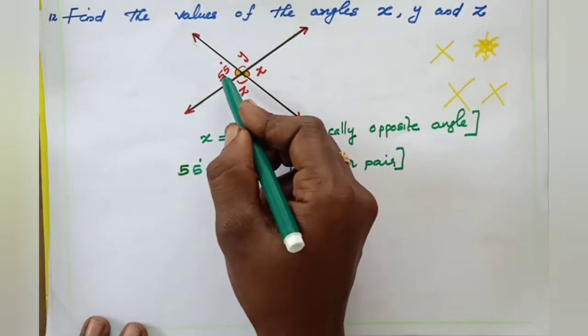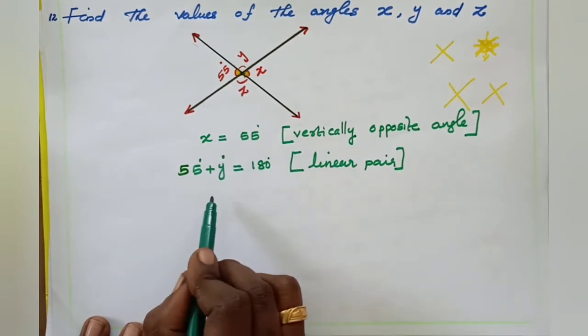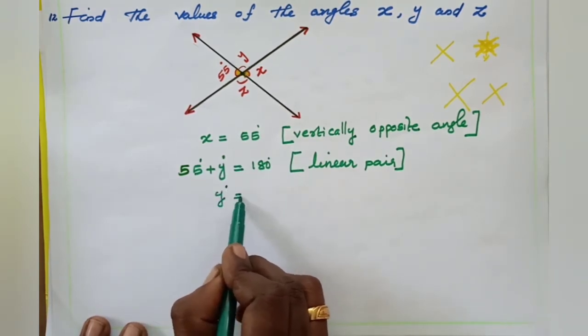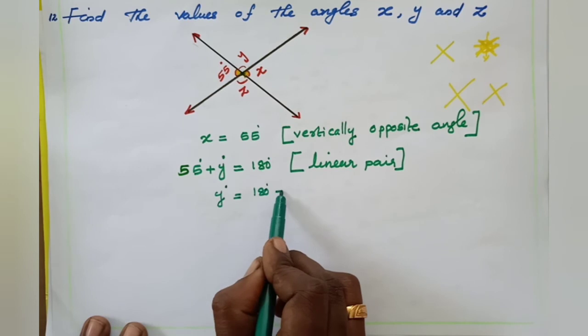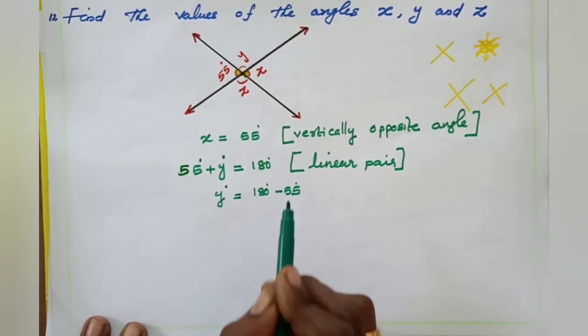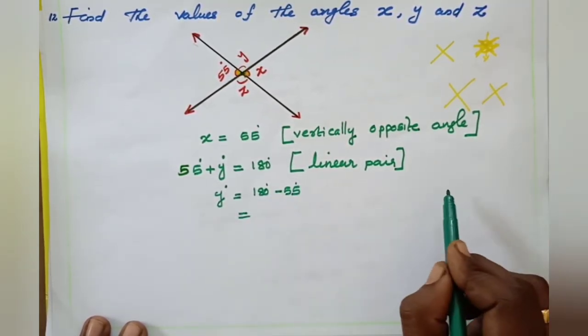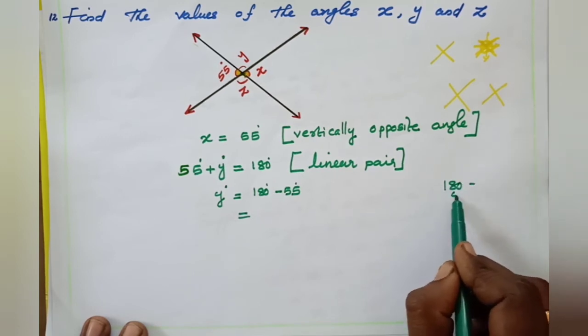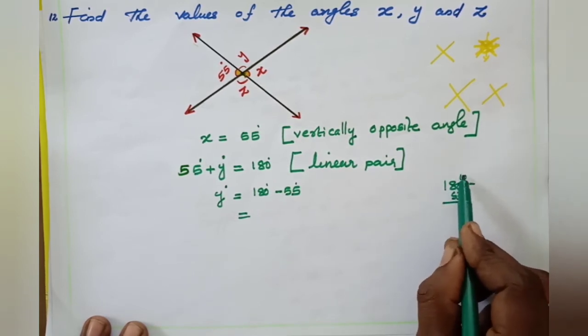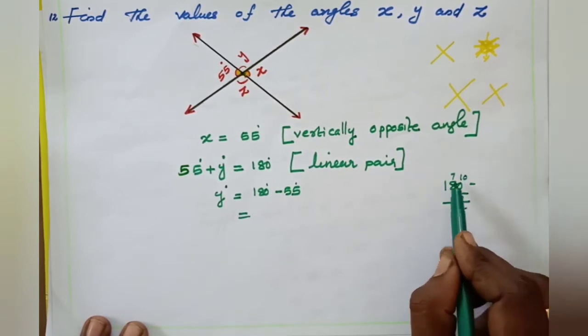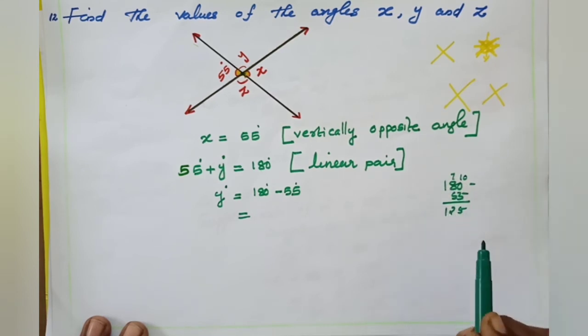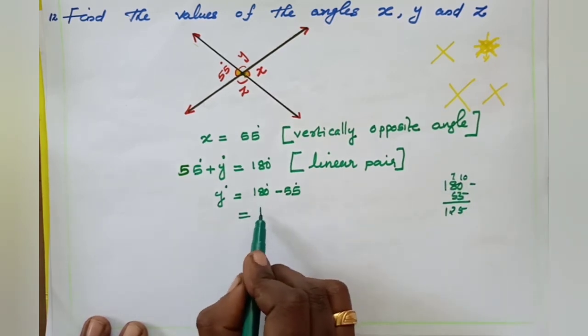So 55 plus y degree equal to 180 degree. Y degree equal to 180 degree minus 55. So 180 minus 55, how much degree? 10 minus 5, 5. 7 minus 5, 2. 125 degree.